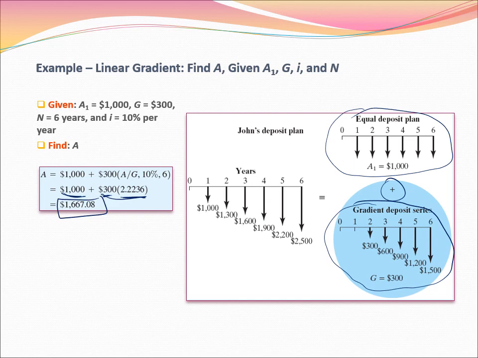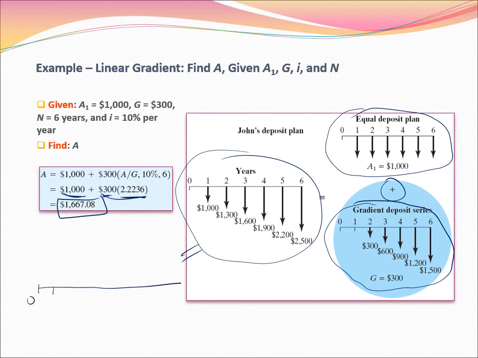So it means that this one is economically equal to this payment series up to period 6, from 0. If you pay this equal amount of payment series, then this one is equal to this gradient payment series.